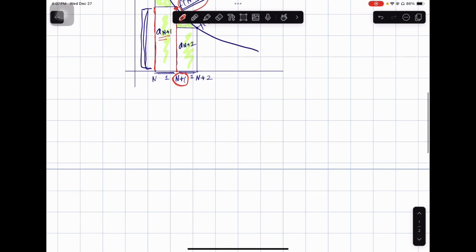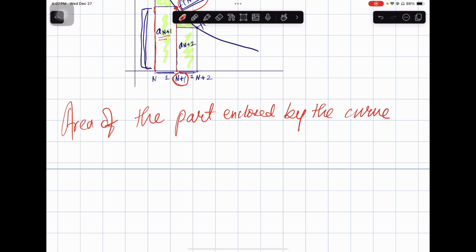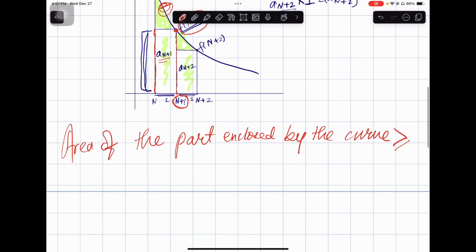Therefore, the area of the part enclosed by the curve, that is f(x), is greater than or equal to the sum of the areas of the rectangles.